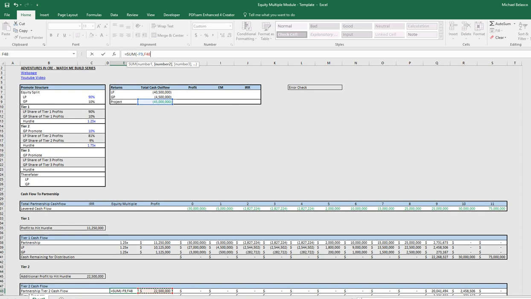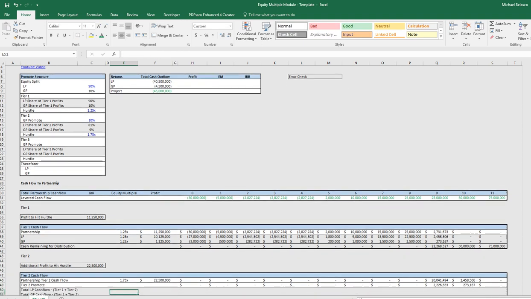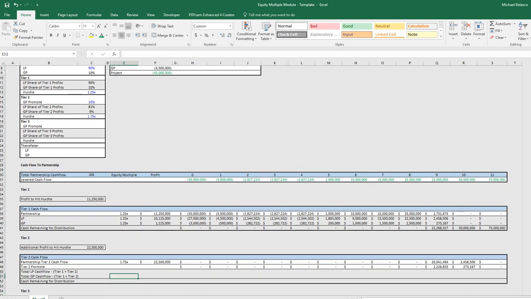So we're going to just add what our total profit was plus the profit from tier 1 and just divide by the equity contribution. And there you see we have our 1.75x equity multiple for tier 2 satisfied.